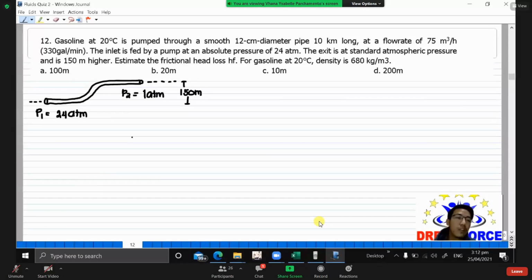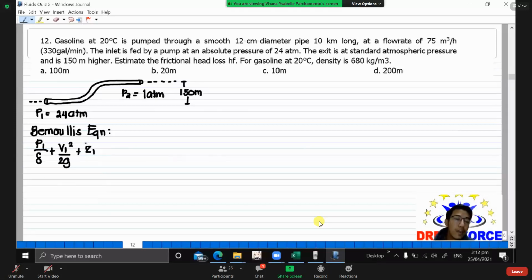So from this figure, pwede kong gamitin yung Bernoulli's natin. Okay, ano ba yung formula? So Bernoulli's equation: P1 over the specific weight plus V1 squared over 2G plus Z1, yung H1 natin.